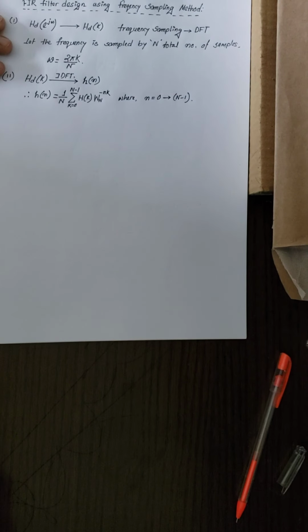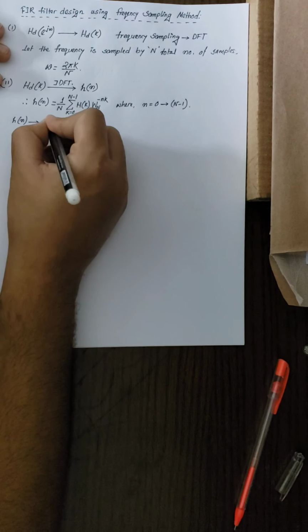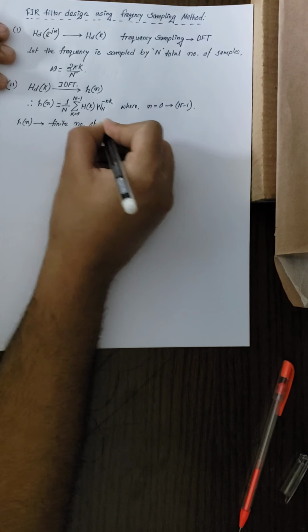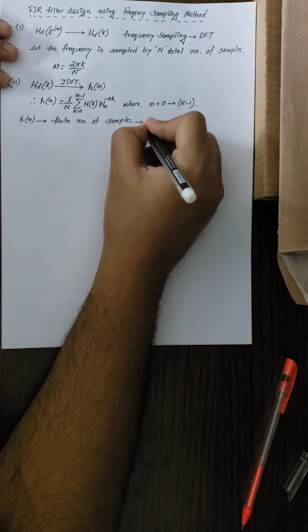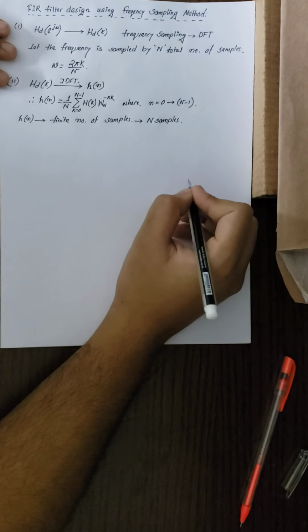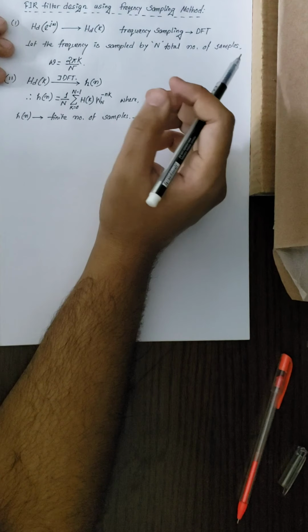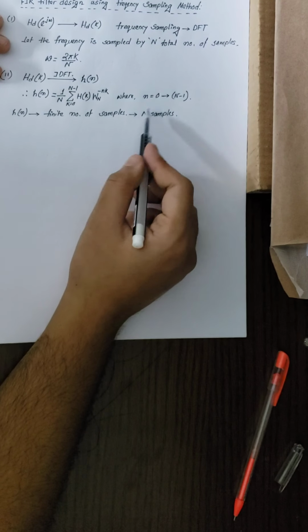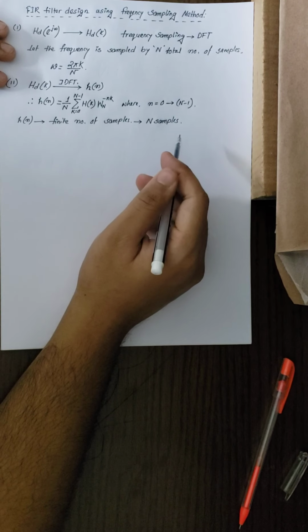So what we have essentially done is that h of n will have a finite number of samples, which in our case is N samples. So previously HD of e to the j omega had an infinite number of samples. So what we have done through these two steps is essentially made the number of frequency components finite.